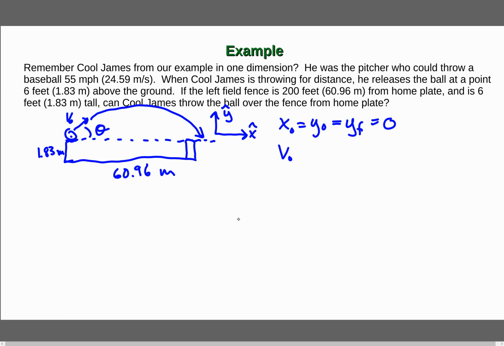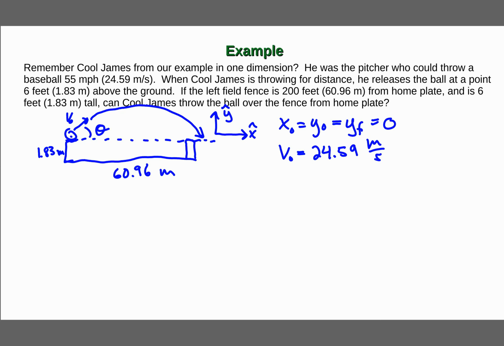We know that v naught is some particular speed. Okay? And we know that x final is some particular distance.